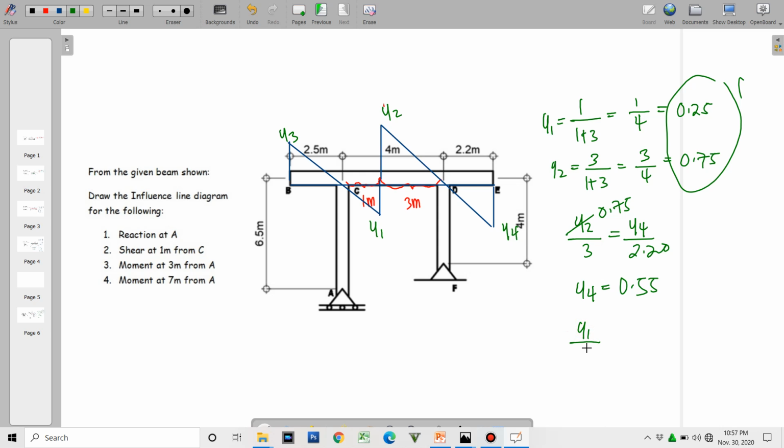So y1 is to 1 as y3 is to 2.5. So we get the value of y1, 0.25. So therefore y3 is equal to 2.5 times 0.25.